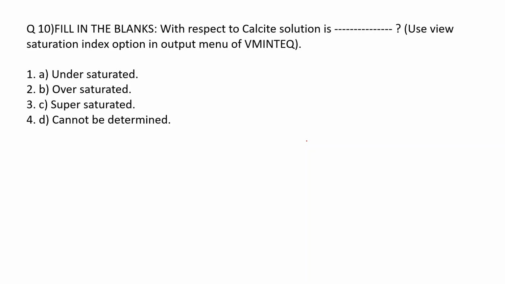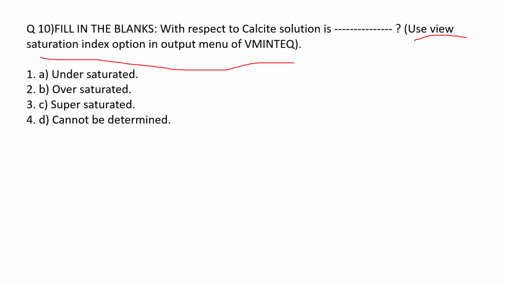Coming to the last question, fill in the blanks. With respect to calcite, the solution is question mark. This is a connected question, right? How to do this question is also given here: use the view saturation index option in the output menu of Visual Mintech.